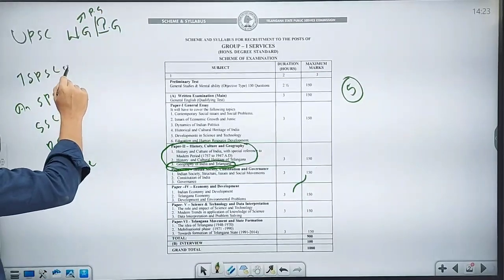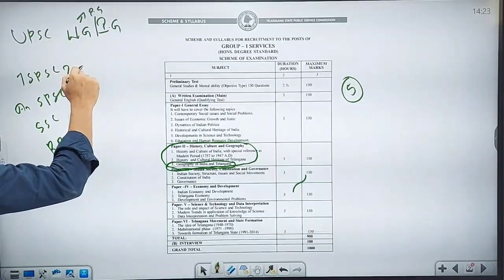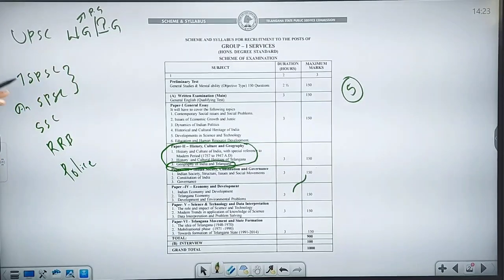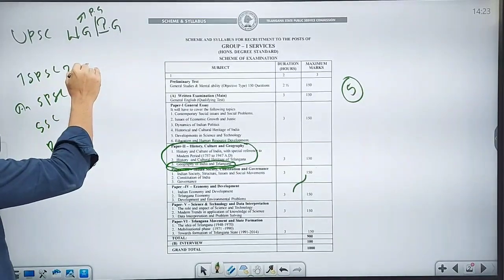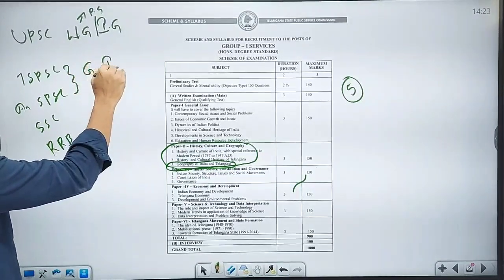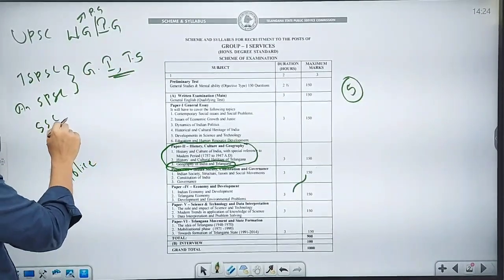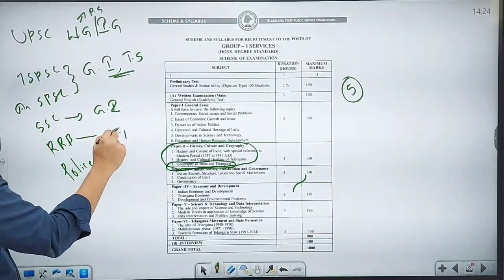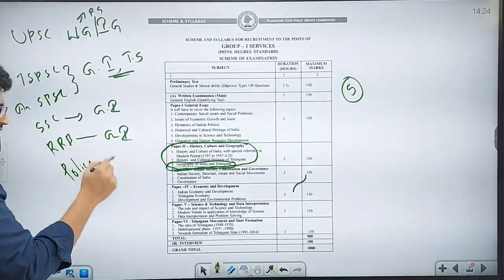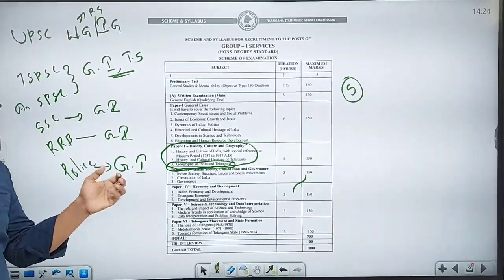Any state public service commissions insert syllabus in prelims on world, India and their respective state. For mains, including Andhra Pradesh, the syllabus is only geography of India and the concerned state, Telangana. For SSC, geography of India only. For RRB, geography of India only. Most of the police departments of all states give importance to geography of India, with local aspects.